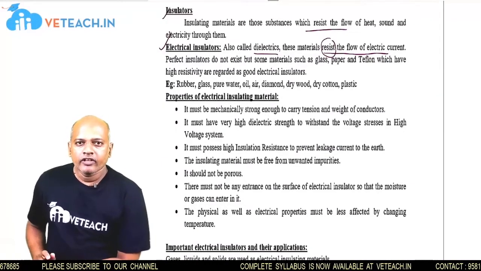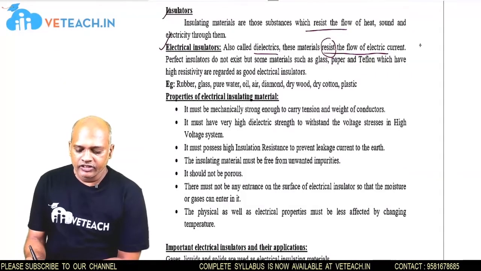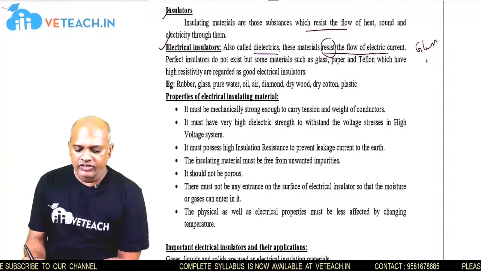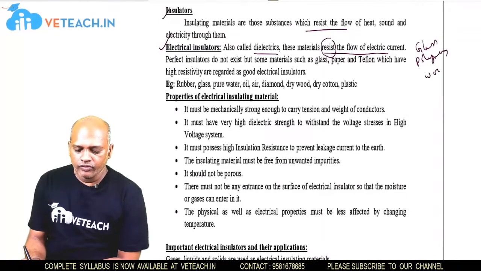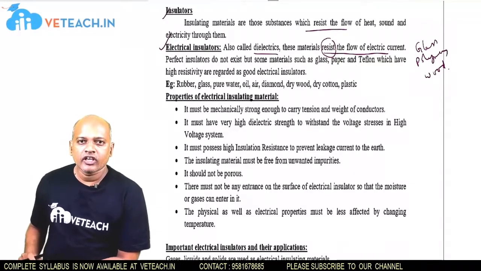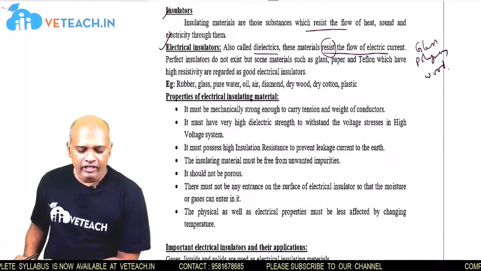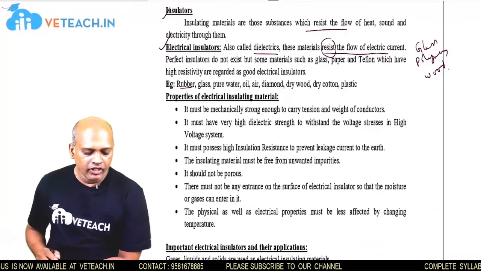Perfect electrical insulators cannot exist, but substances or materials like glass, some polymers, wood, etc. act as good electrical insulators, though they are also not perfect. The best examples are rubbers. Rubber is a polymer.